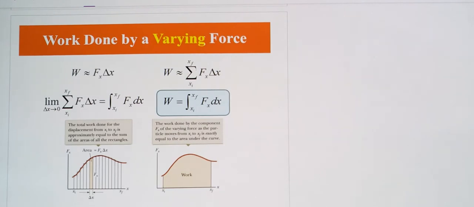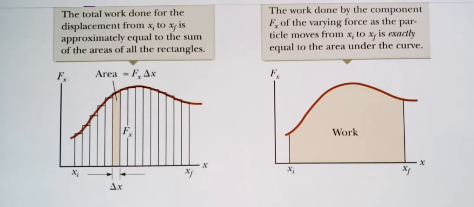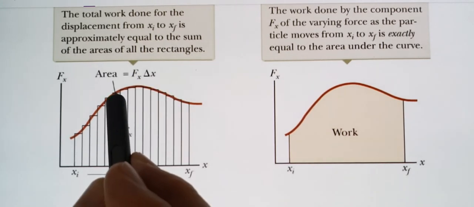So the force is not constant anymore. Well, as usually we do in calculus, we say for a very small rectangle, the F dot D is just the area of this small rectangle.